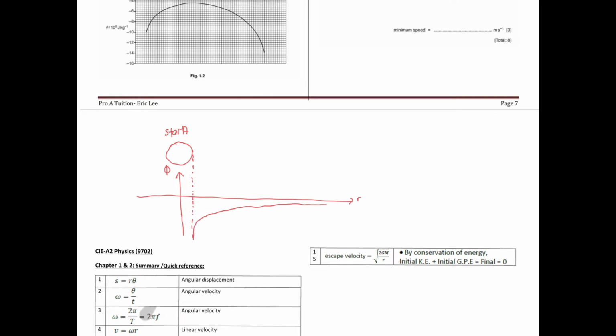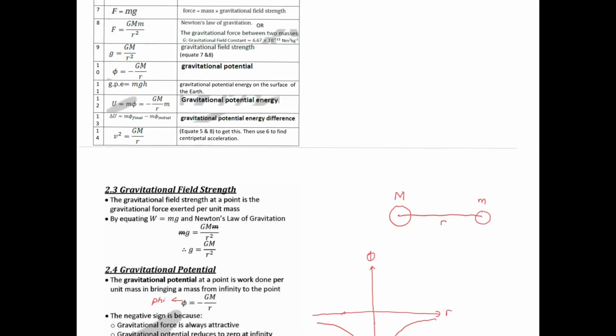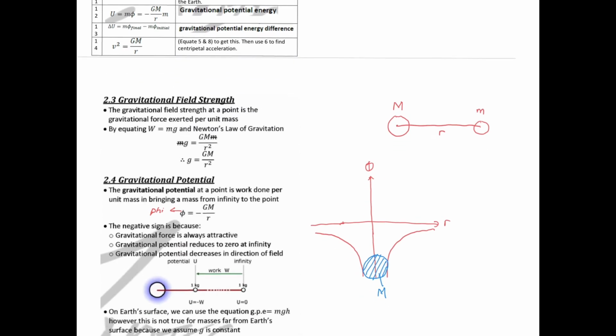They keep going down in that way. You just compare with the graph that I explained just now. As you can see, on the surface it just keeps going down.